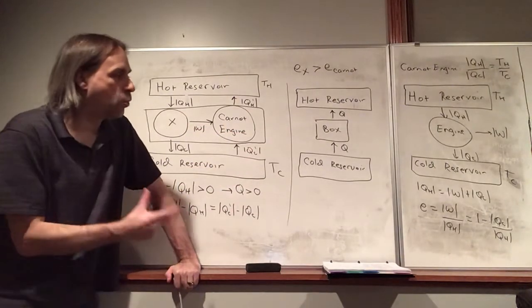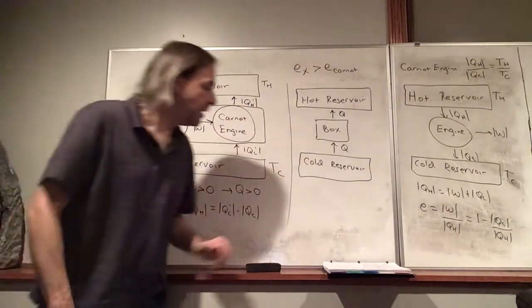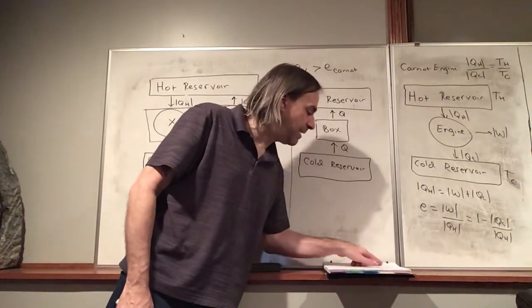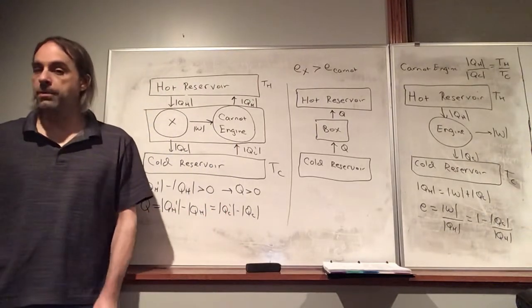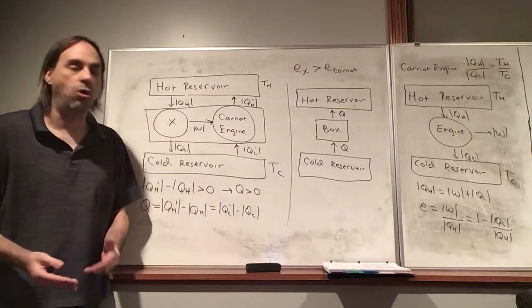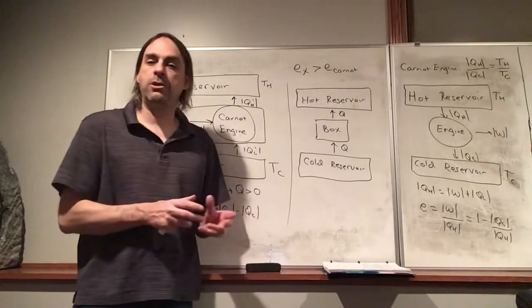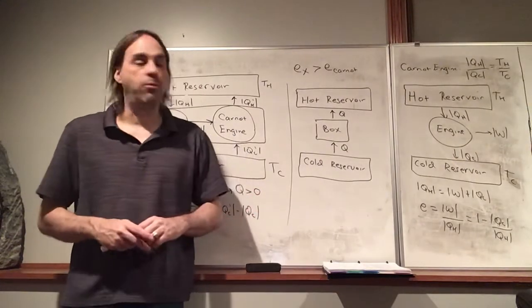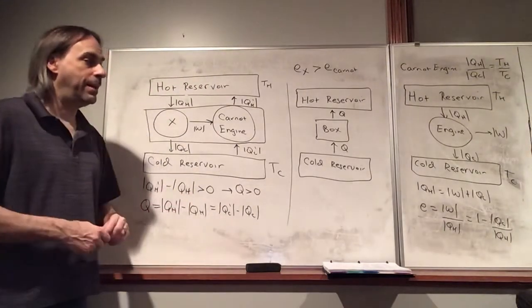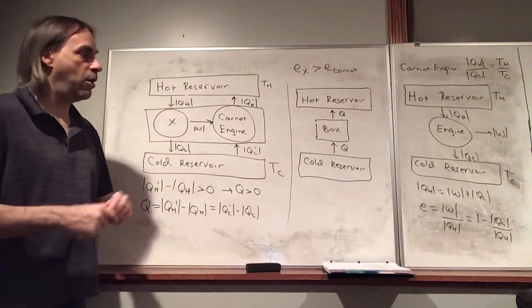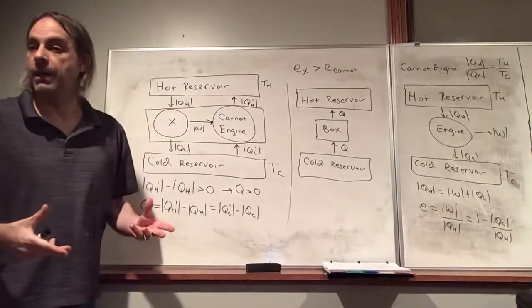So remember, the key word in that second law says heat flows spontaneously. That spontaneous is a key word. Heat normally flows from hot to cold. We know we can make it reverse direction, but that requires an input of work. And this box is not taking any work from outside of the box.